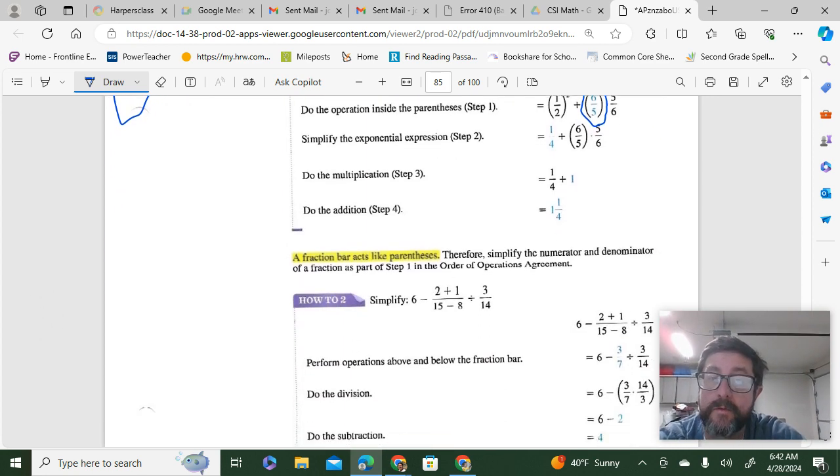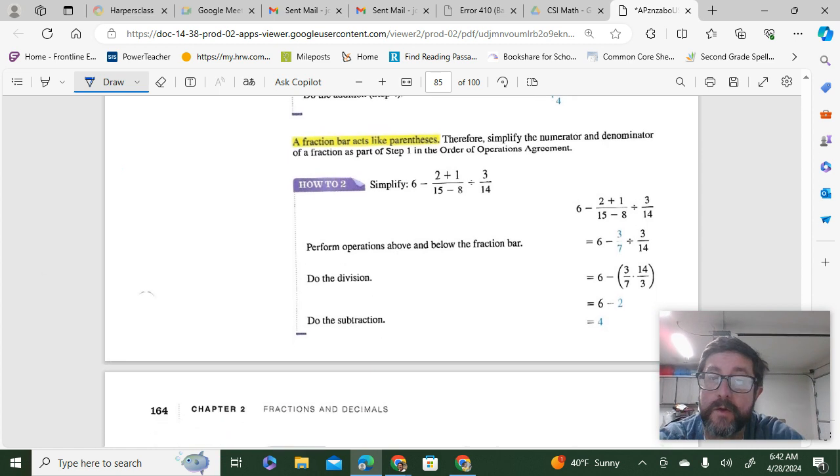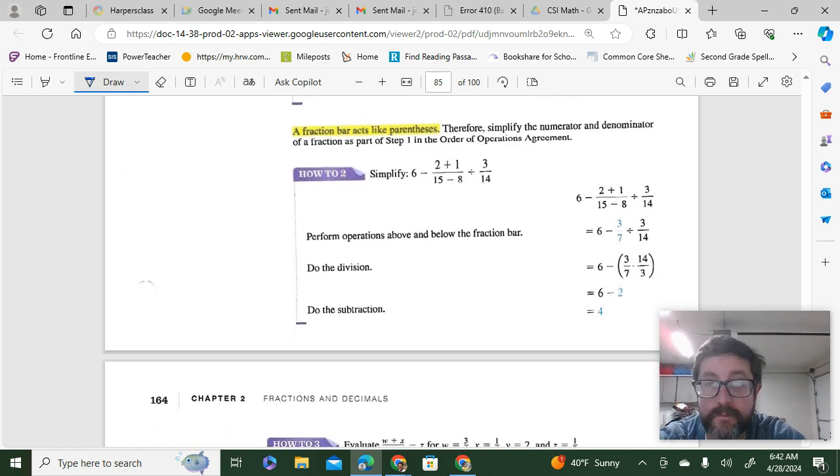Okay, here's another one for you to work on. Do it. And again, if you enter it into your calculator, you'd probably simplify the numbers first.